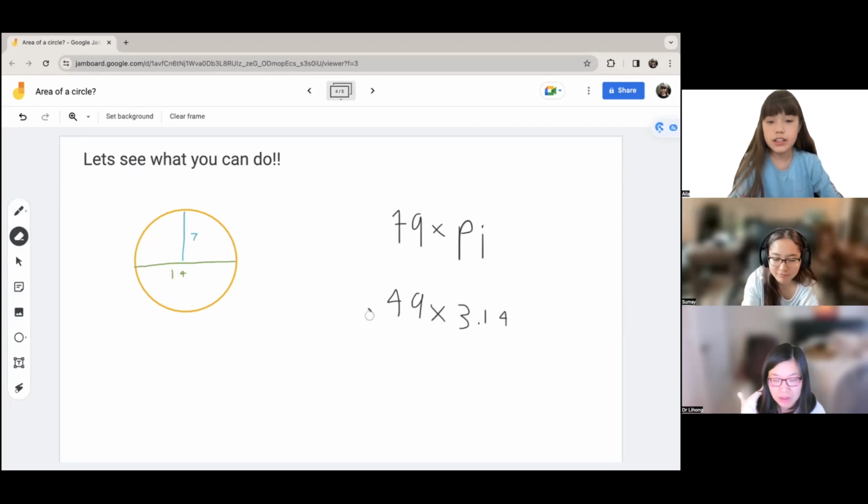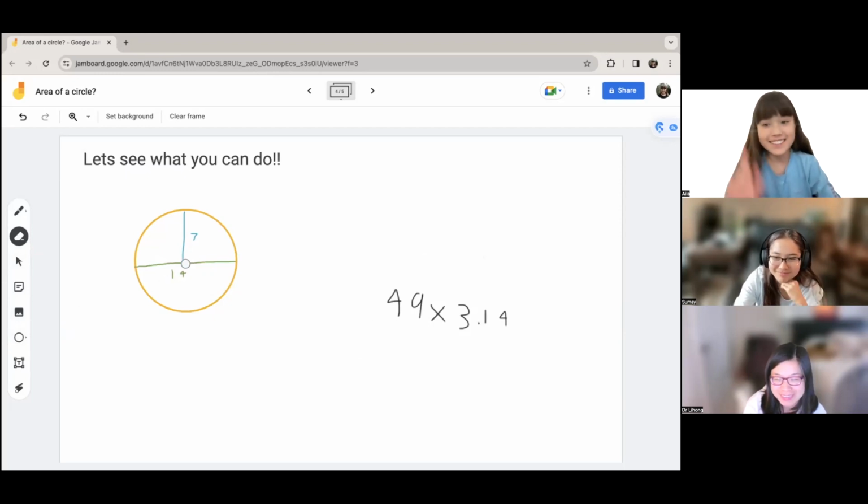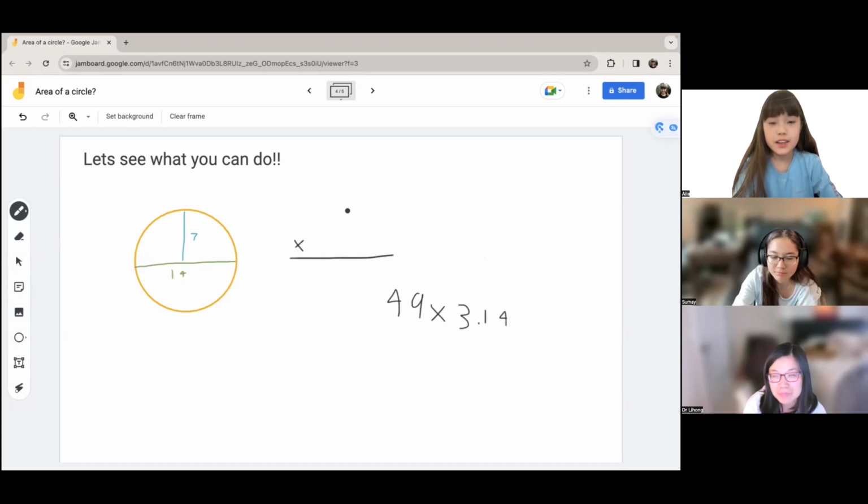If you've already learned how to multiply numbers by decimals, this is pretty simple, but I'll just give a little demonstration here. By the way, this is all live. I don't actually know the answer yet. All right. So here we've got 49. I'm going to put that at the bottom.